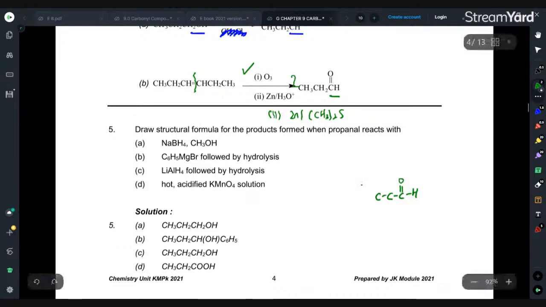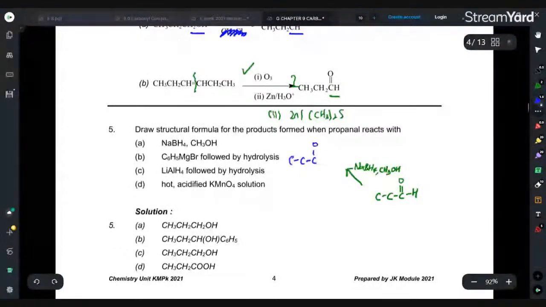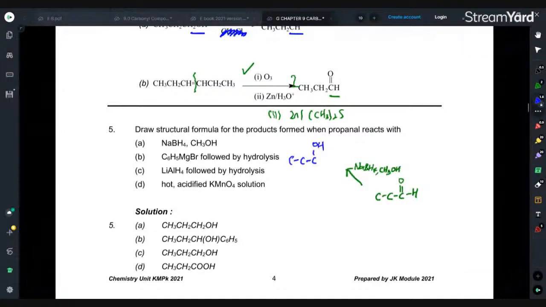So for this one, it reduces. How to write it? Plus NaBH4 and then in alcohol, methanol, CH3OH. It will reduce aldehyde to form alcohol. You try to complete the hydrogen by yourself, and I'll just show you the answer.